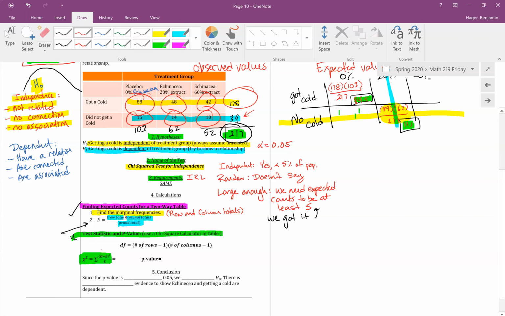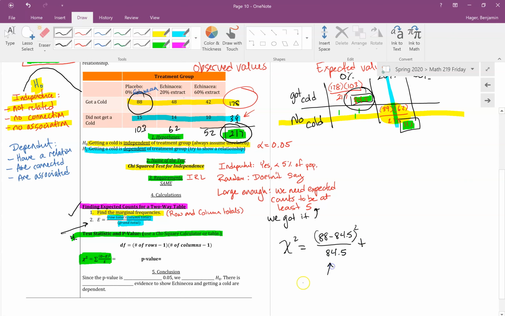So I'll write out one. I'm not going to do all of them because I didn't bother to find all the expecteds, but let's say I want to find the contribution from this first box here, from 0% and getting a cold, because that value I have. What I observe is 88. What I expect is 84.5. I square that difference and divide by what I expect, and that's the first contribution.